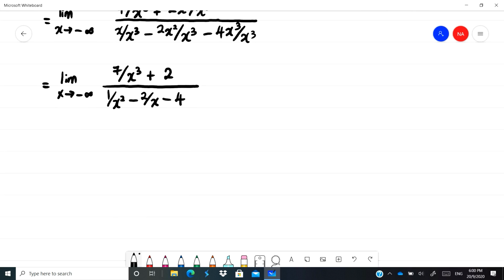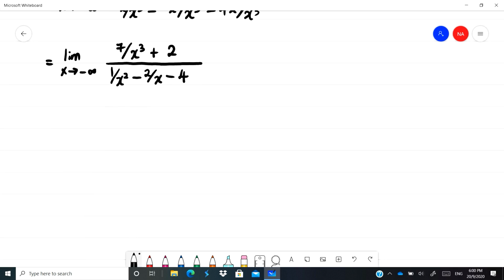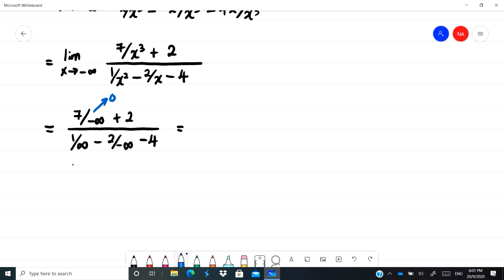Please take note that later on we're going to substitute every term with negative infinity. So we'll have 7 over negative infinity plus 2, over 1 over negative infinity squared, minus 2 over negative infinity, minus 4. The whole thing that has infinity in the denominator will go to 0.